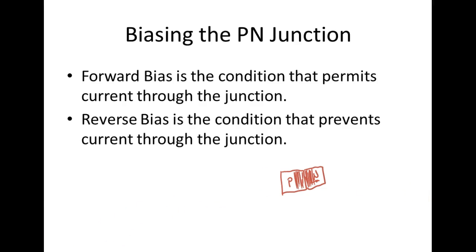I think in intro, series opposing, series aiding. So basically what we're doing is we're fixing to hook this thing up series opposing. And this right here is a variable power supply. This guy right here is fixed at 0.7 of a volt.